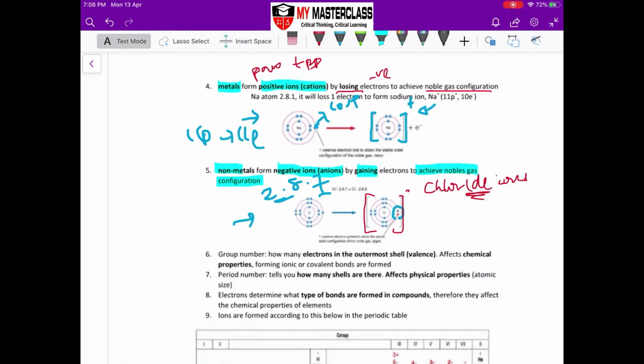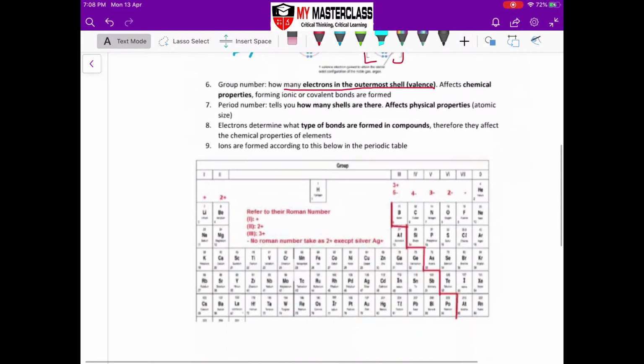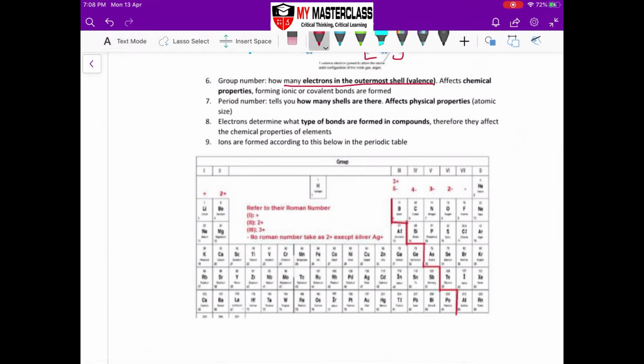So this one is a recap. Group number will tell me how many electrons are in the outer shell, how many valence electrons there are.